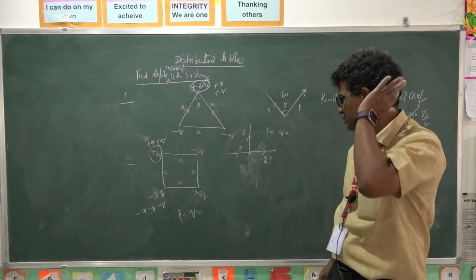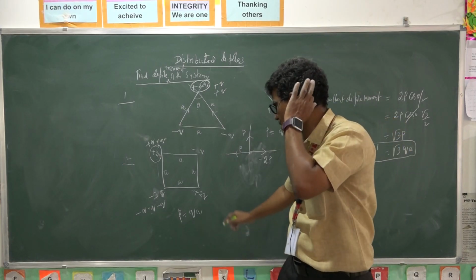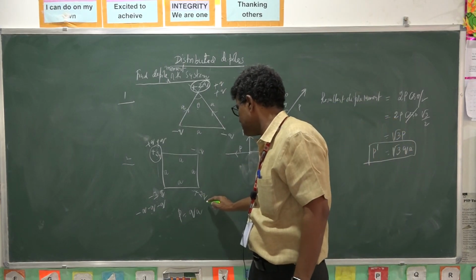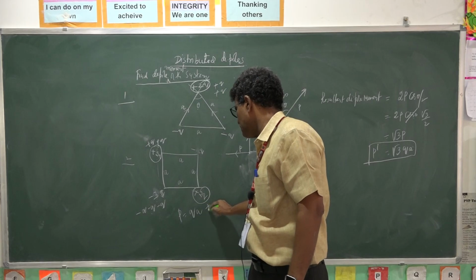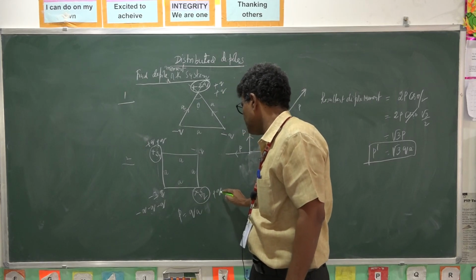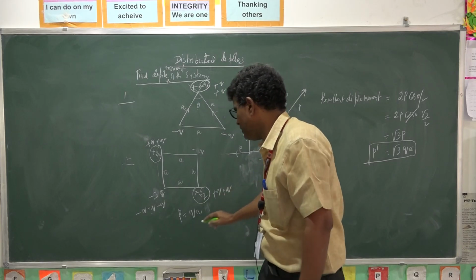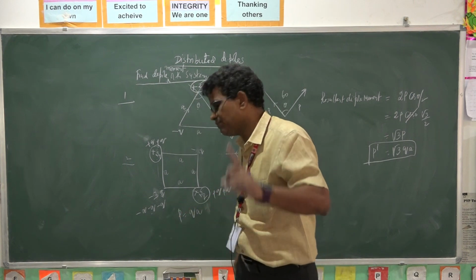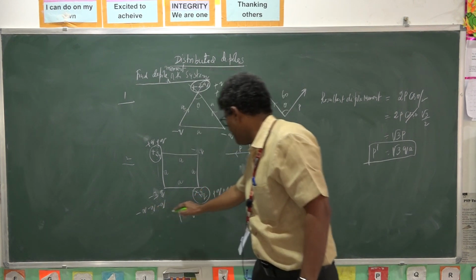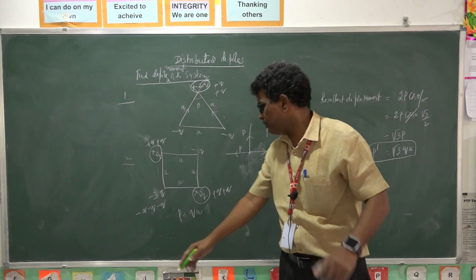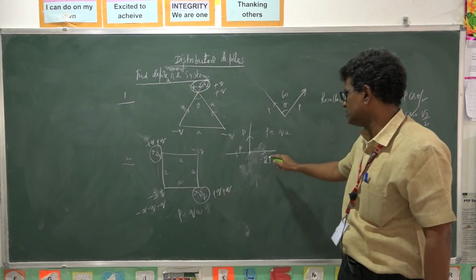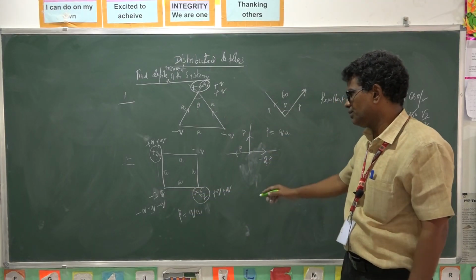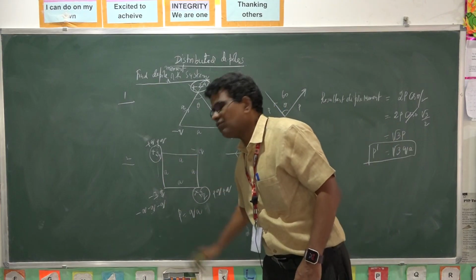Plus 2q can be written as plus q and plus q. Minus q plus q makes one dipole, minus q plus q makes another dipole. Both are in the same direction, so you will get minus 2p.